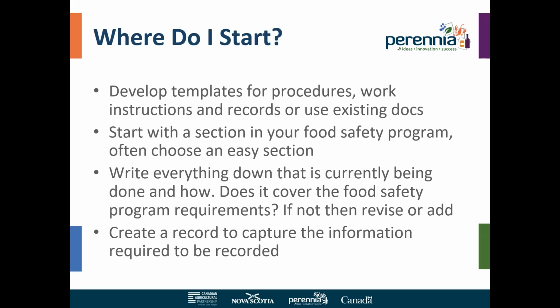Any existing documents that you have in place, use those. Don't come up with new documentation or new records or new standard operating procedures if you can simply add something to an existing document. Your staff members are already comfortable and familiar with what you have in place right now. So it's easiest just to add something to those existing docs if possible.